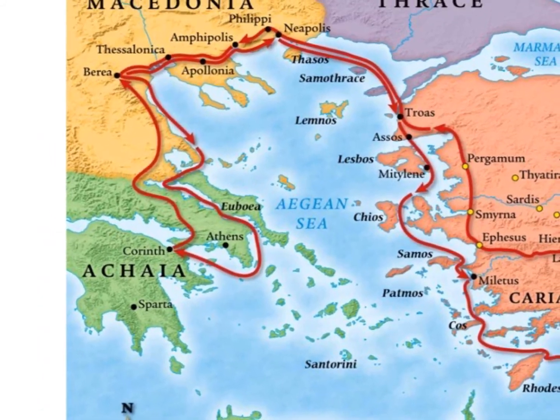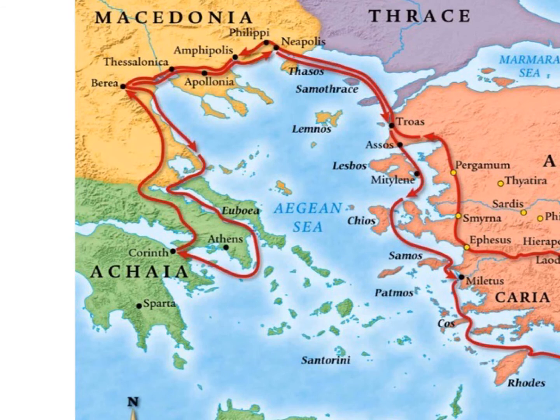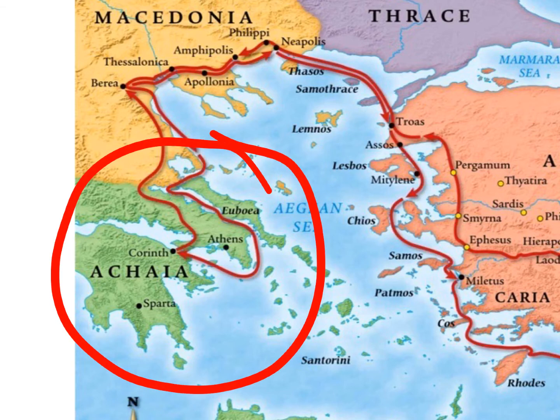He's come back through Macedonia, and he's come down here to Greece, and he's down here in the city of Corinth, and we're told he stayed there for 3 months. Let's look at the text.